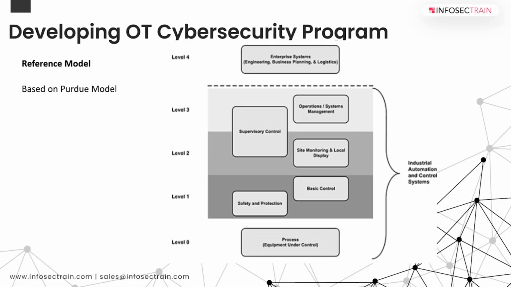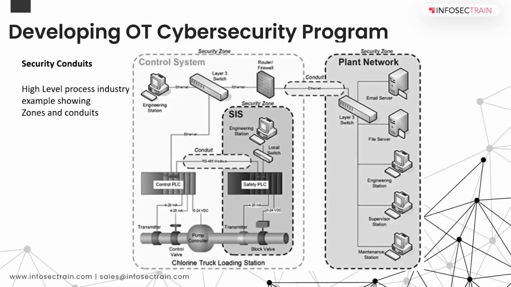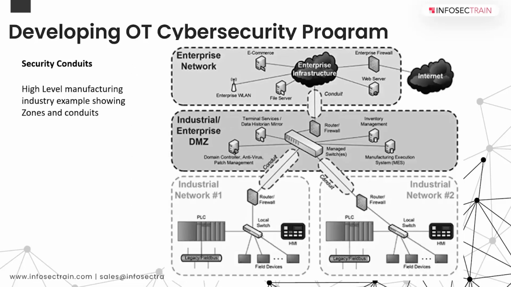Those foundational requirements are the cornerstone of a cybersecurity program as well. And the product security has something similar to that, but it is built upon the foundational requirements as well. So that is something very important for you to know.